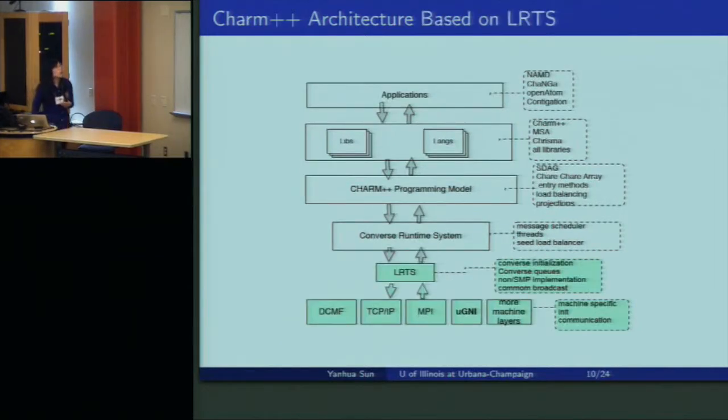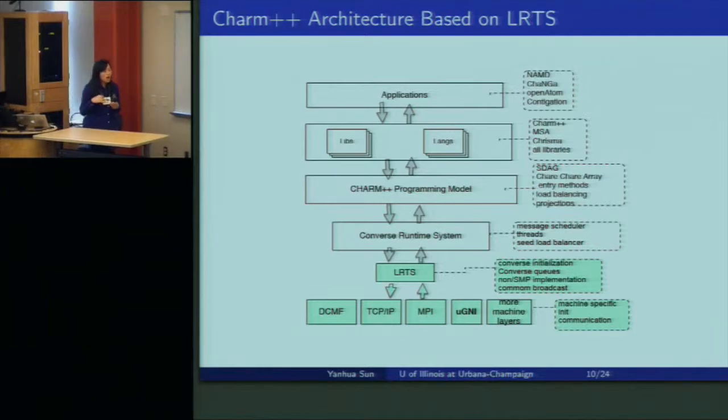So now with our new LRTS design, we want to abstract all the machine common code into our LRTS implementation, and this LRTS implementation is responsible for the Converse initialization, the Converse queuing, SMP and non-SMP implementation, and the common collectives implementation.